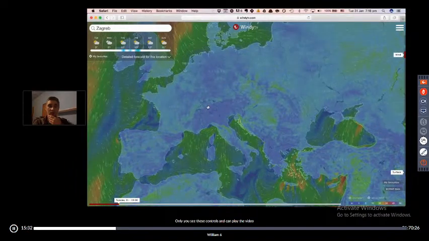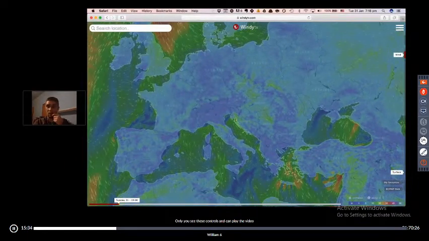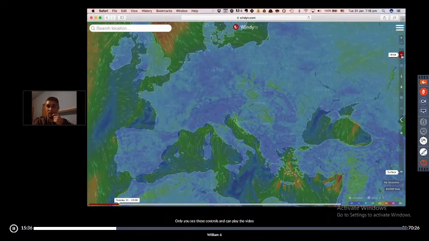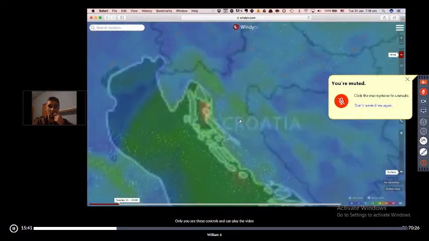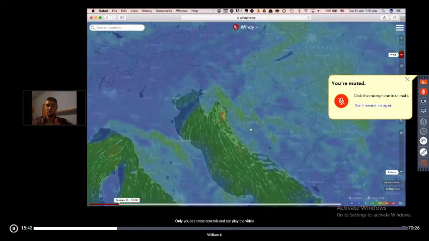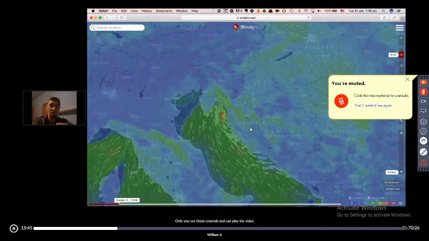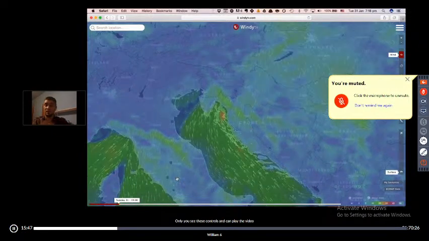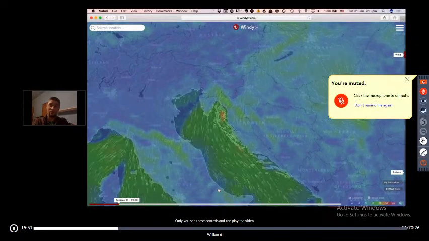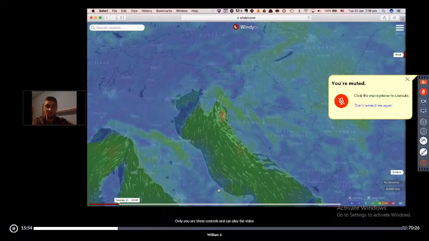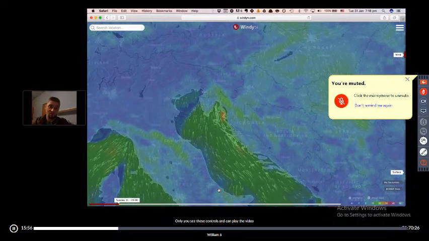Here you can change between wind and clouds and temperature. So basically, let's say that you are on your site, you want to see how the weather patterns are behaving, even for a few days, 2 days in advance. But I would say most importantly, how they are currently behaving, so you can connect that with what's happening on your site.